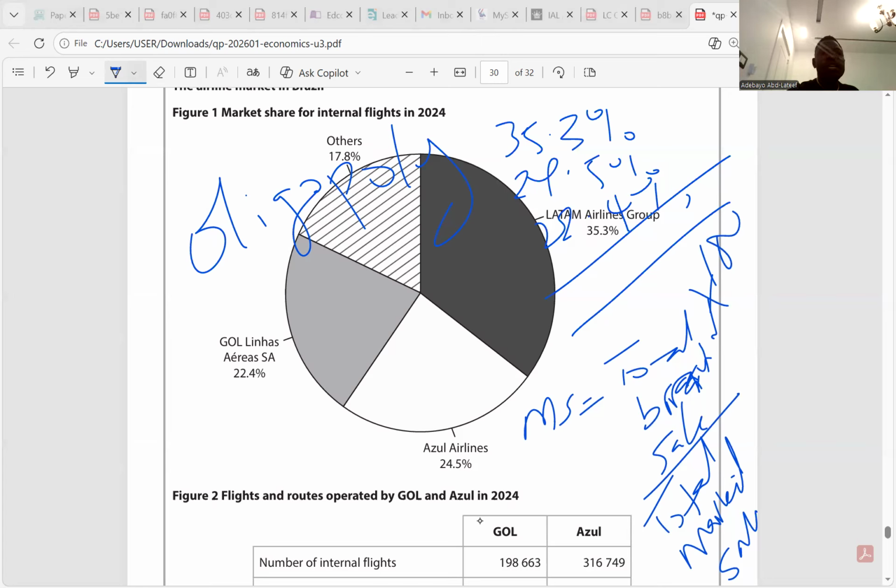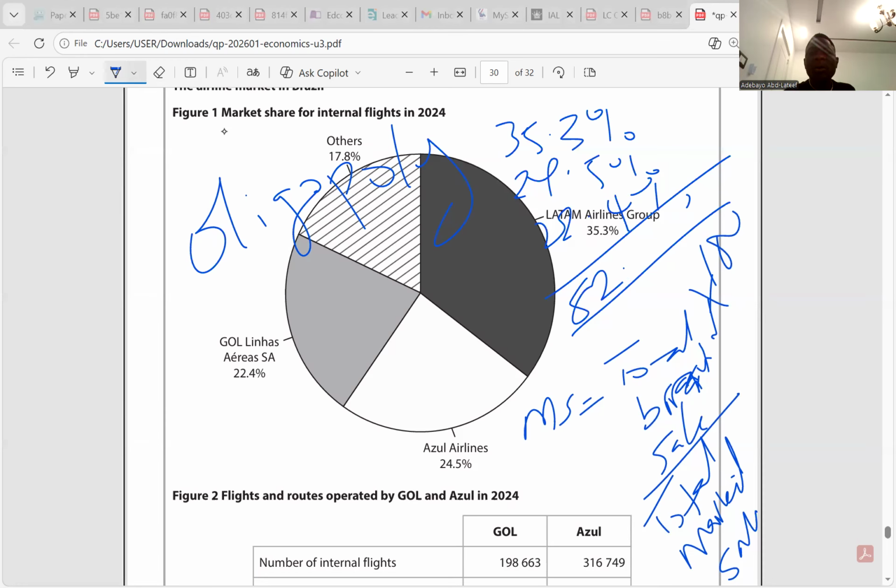So the market concentration here is 82.2%.